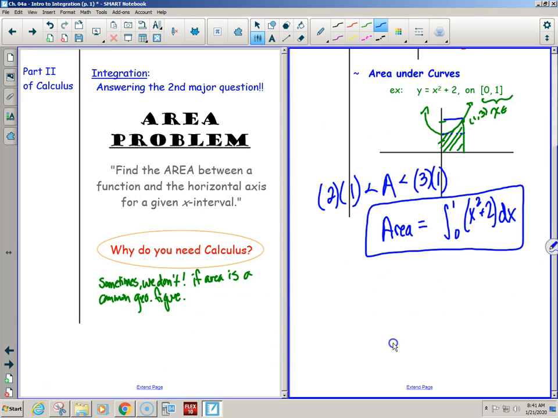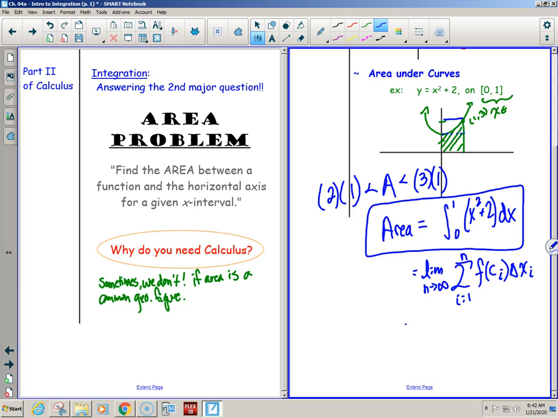Another way of writing this would be the limit as n goes to infinity of the sum from i equals 1 to n of f of c sub i times delta x sub i.